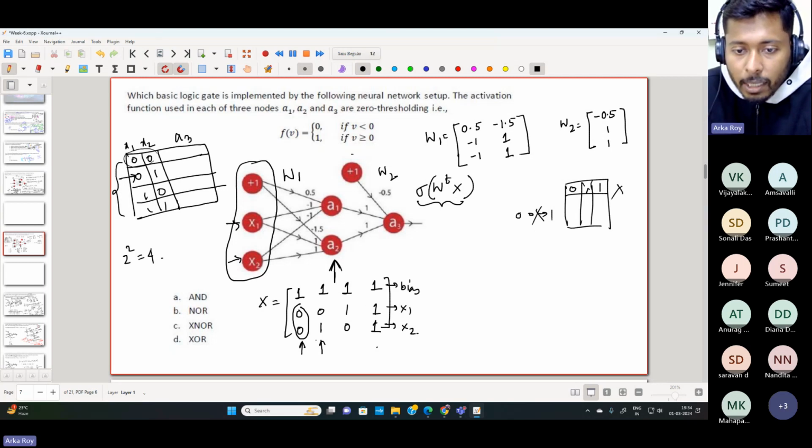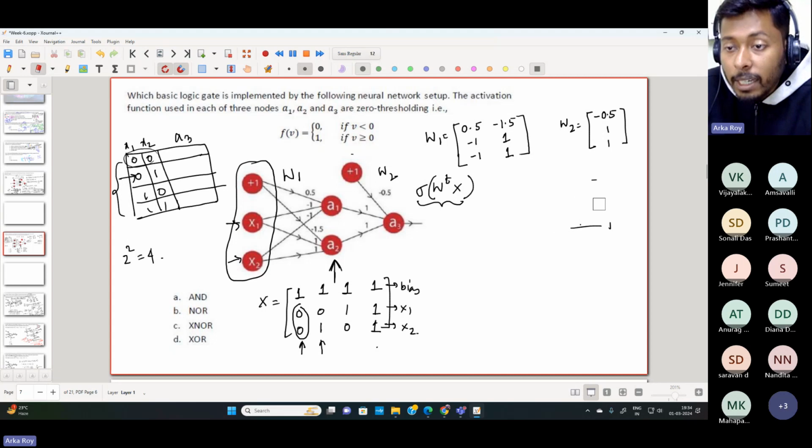To avoid that, I have written it in an orderly fashion. Otherwise, you can feed anything, but you need to make sure the logic correspondences are correctly written. So 0 0, 0 1, 1 0, 1 1 is just this order so that I can track the output at the output side.